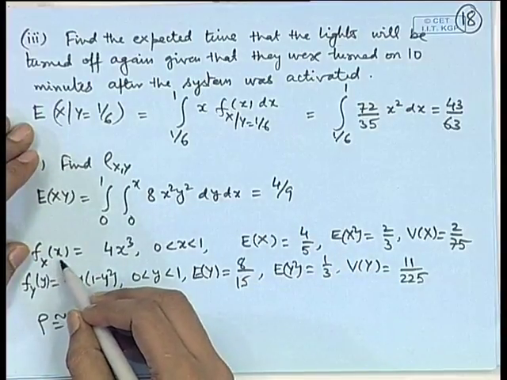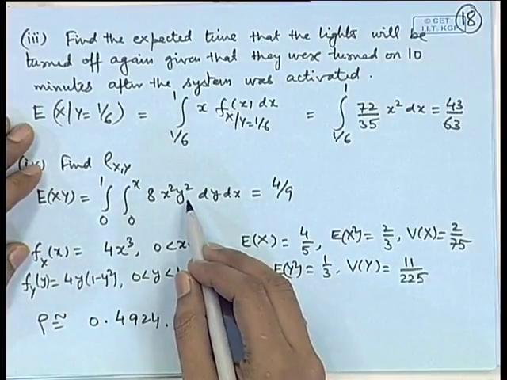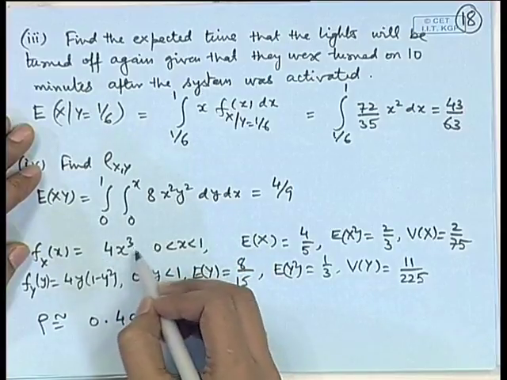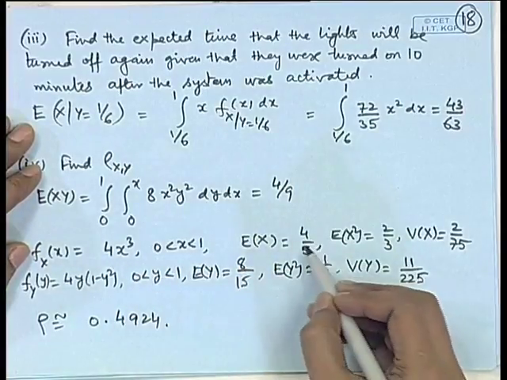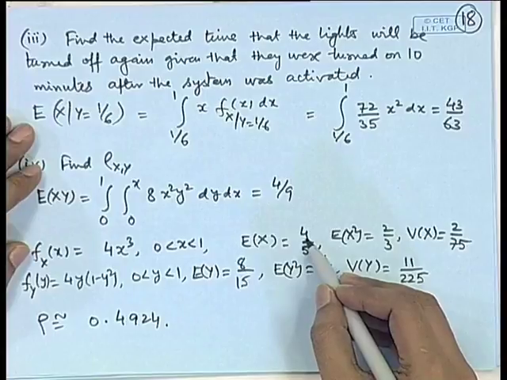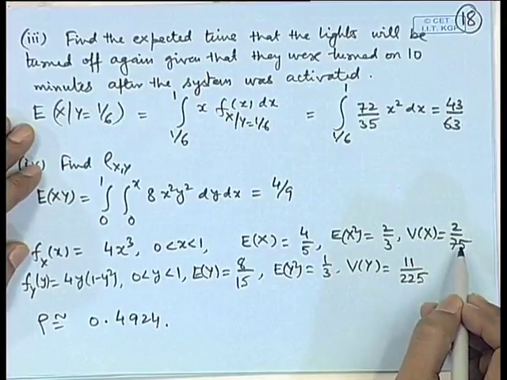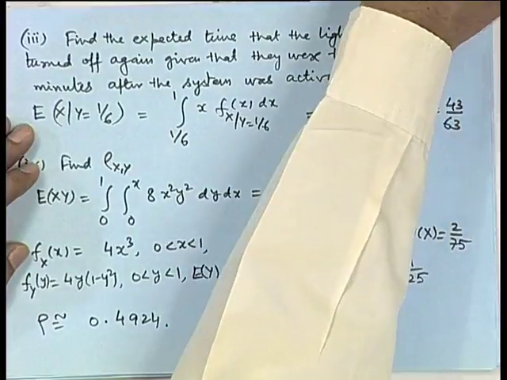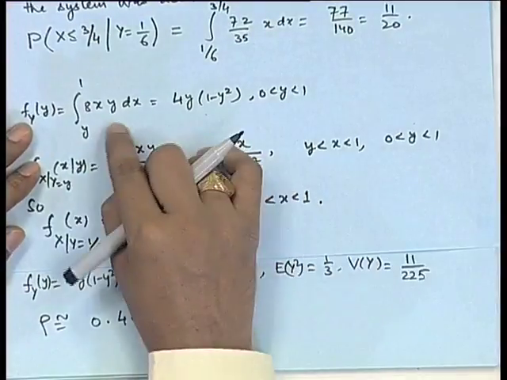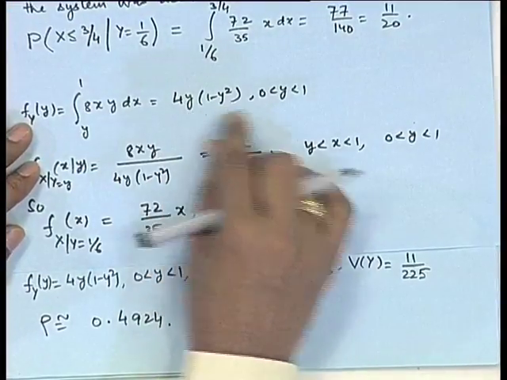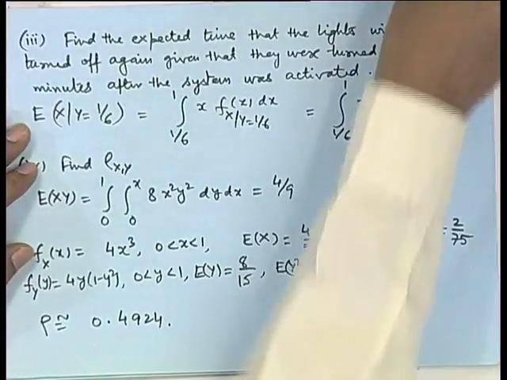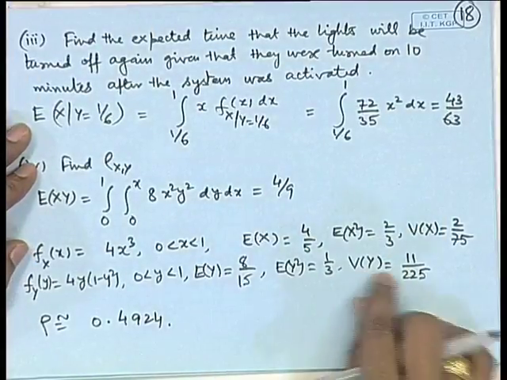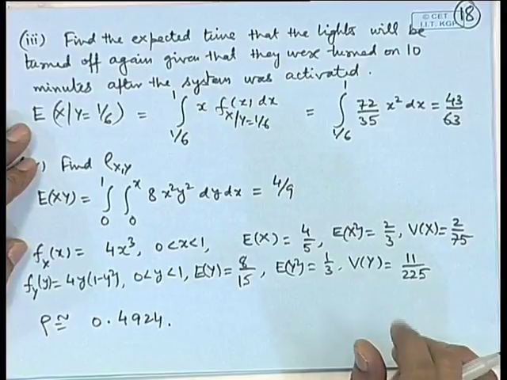The marginal distribution of x is obtained by integrating with respect to y from 0 to x, which is simply 4x cube. So, expectation of x turns out to be 4 by 5, variance of x turns out to be 2 by 75. The marginal distribution of y was evaluated here as 4y into 1 minus y square. So, we can evaluate the mean and the variance of y also.